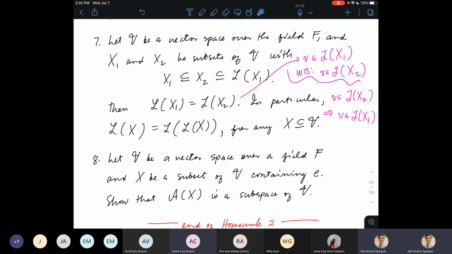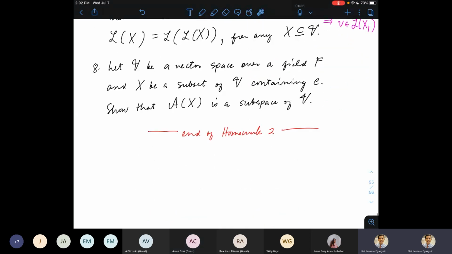Question lang is, what should I take to be x1 and what should I take to be x2 so that this statement remains true and that I can conclude that Lx1 will be equal to Lx2, or the other way around. Okay? So wala kayong ipoprove dun sa in particular. Bigay nyo lang ano si x1, ano si x2, na pag in-apply ko yung theorem, ito yung makukuha kong statement. Okay?